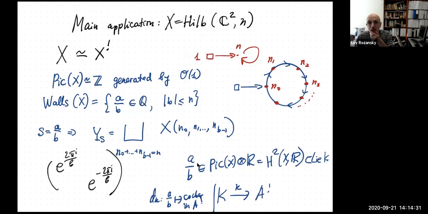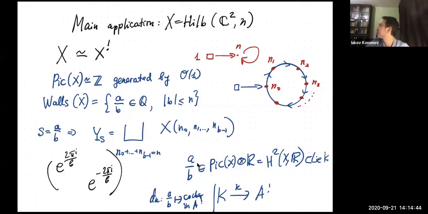I just wonder how, Yakov, you would argue that you have to take a quotient by Z mod B. Is there a precise way? Why would you take that quotient?